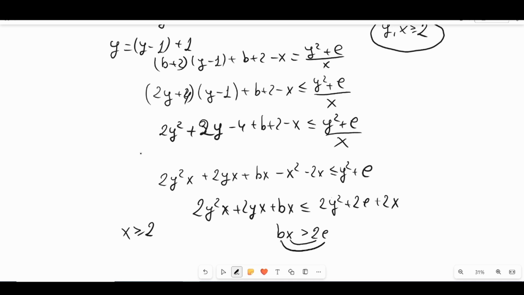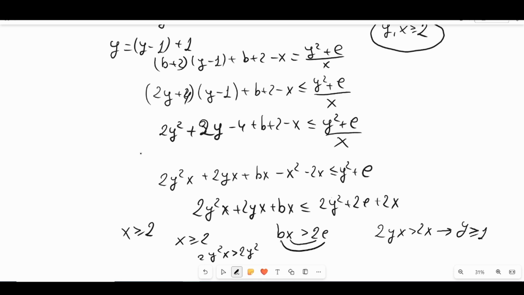Similarly, we will see that 2 times yx would be more than 2 times x, because y is also greater or equal to 1 from this fact. And because x is greater or equal to 2, we get that 2 times y squared x must be more than 2 times y squared.